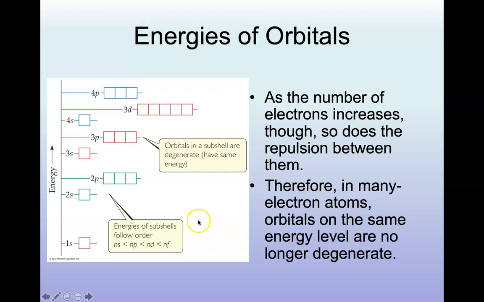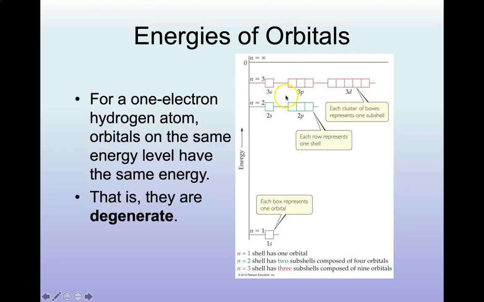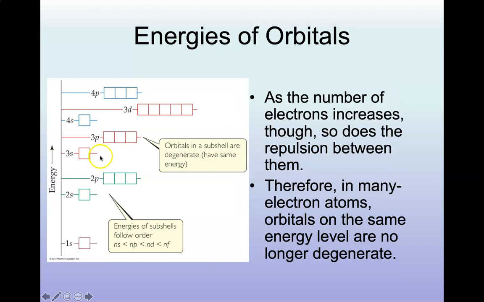We've done this before. This is just describing why we read them the way we read them. A lot of times these get kind of moved around. On this diagram, we just put all of the 3s on one line, but in reality, they're actually all different energy levels. So s orbitals tend to be the lowest of anything, and then p, and then d, and then f.